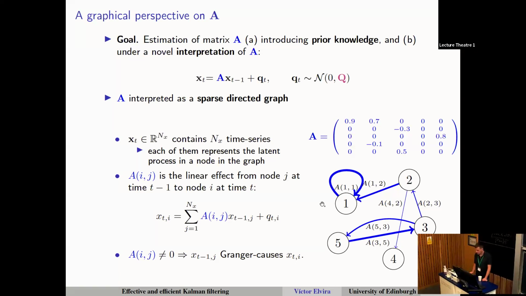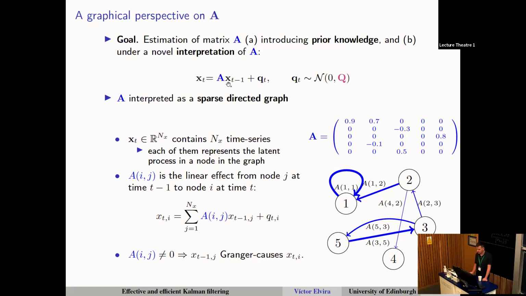So imagine, let's go here. You have the whole model that tells you how to go from x_{t-1} to x_t, meaning matrix A encodes dependencies of the dimensions of the vector at t minus 1 and how these dimensions affect the dimensions at time t, okay? And then you have some additive Gaussian noise, but we are going to focus in this slide just on this matrix.